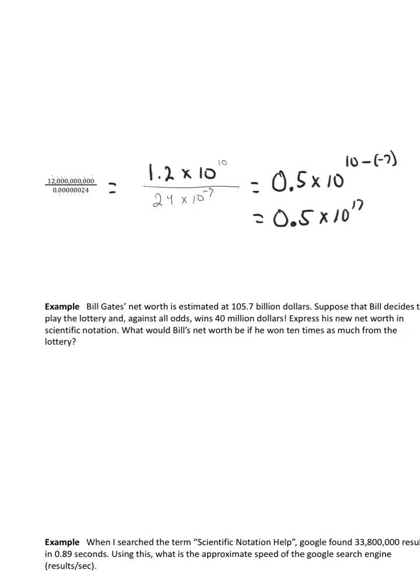But I need that decimal to be after the 5. So to get out 17 places from the 0.5, well, it would only take me 16 places from after the 5, because one of those places was already taken care of. So 5 times 10 to the 16th.